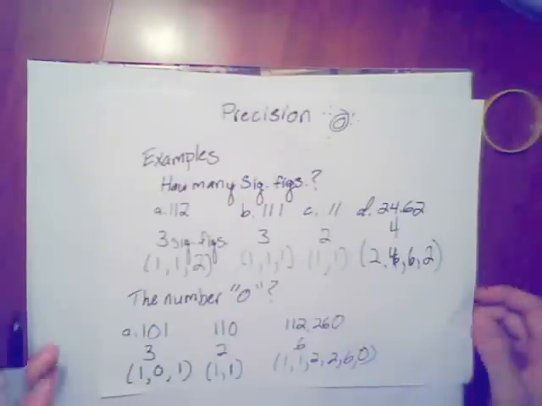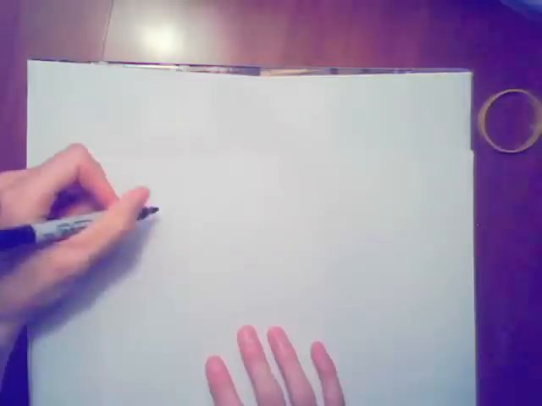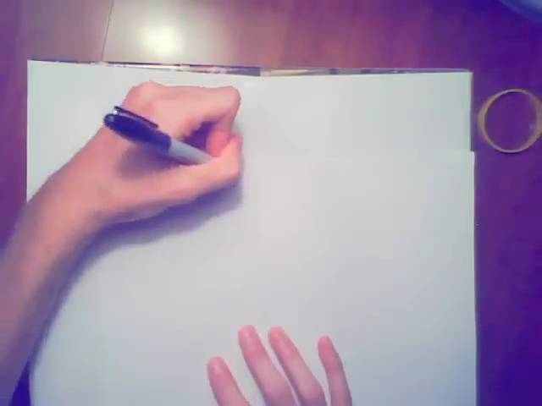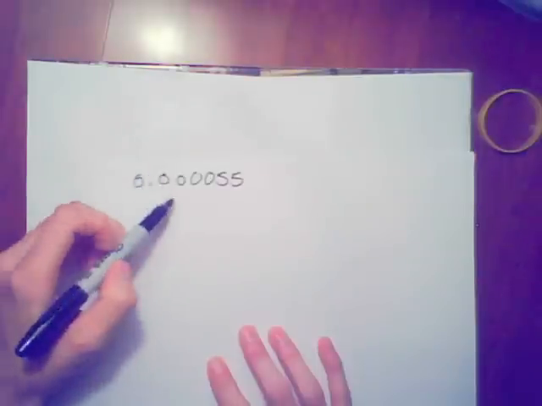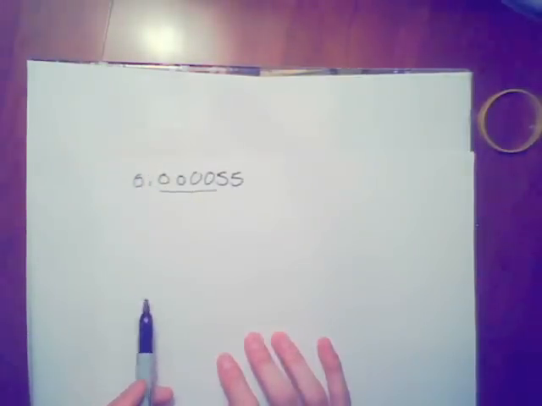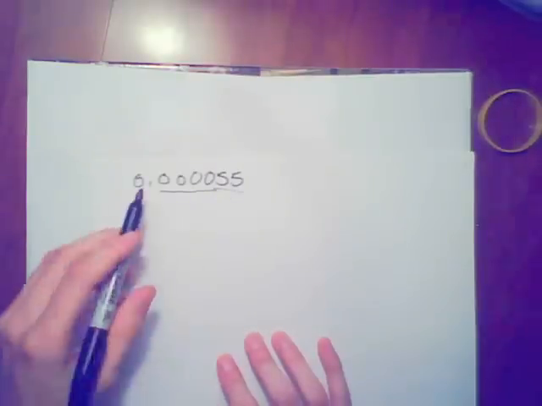Another rule that we're going to go over, I'm going to change the sheets out for you guys, is leading zeros. What I mean by that is if you have 0.000055, you would think normally that these 4 zeros would be significant, but actually it's only the 5 and the 5 that are significant.